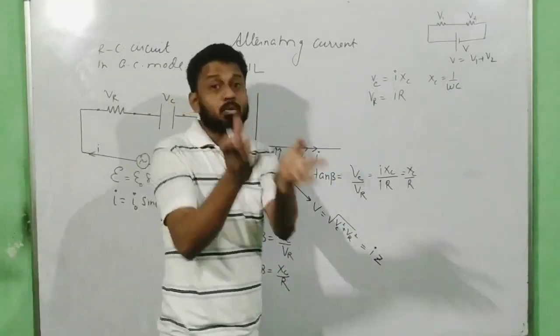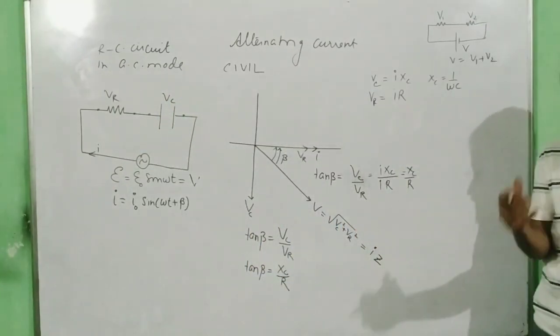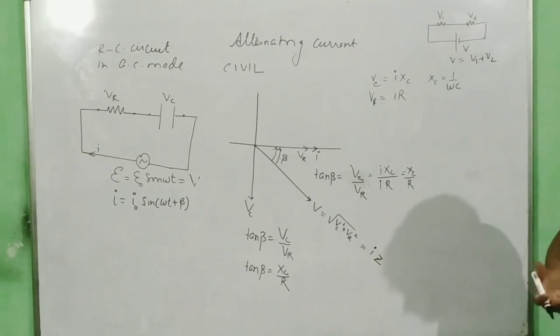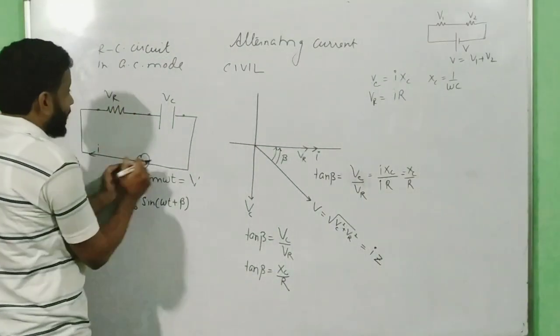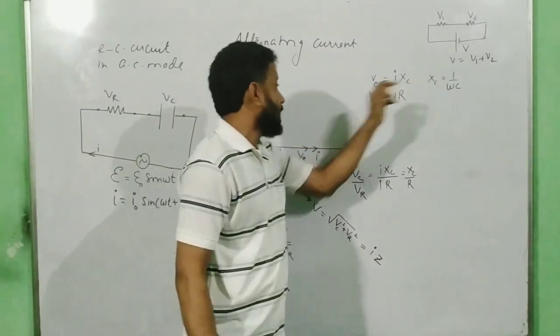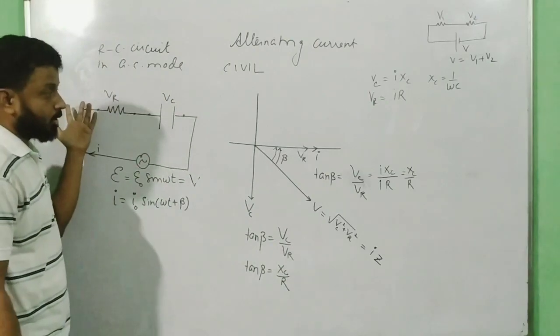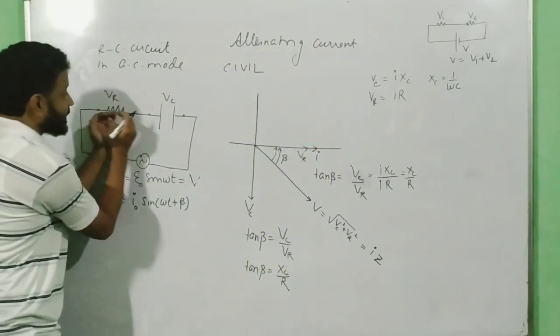Here we don't use the word effective resistance, because effective resistance is also reserved for combinations of resistance. Okay? Here we are dealing with one resistor and one capacitor. Capacitor is giving opposition in terms of reactance, and resistor is giving opposition in terms of resistance. So here there is a combination of resistance and reactance.